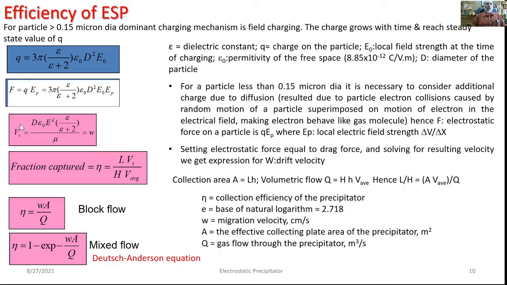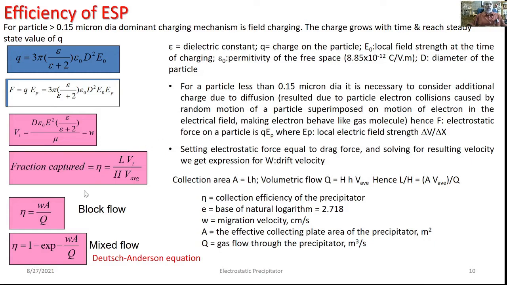The terminal settling velocity, as determined, can be represented by this particular equation. For electrostatic precipitators, this terminal settling velocity is expressed as W, which is nothing but the drift velocity.